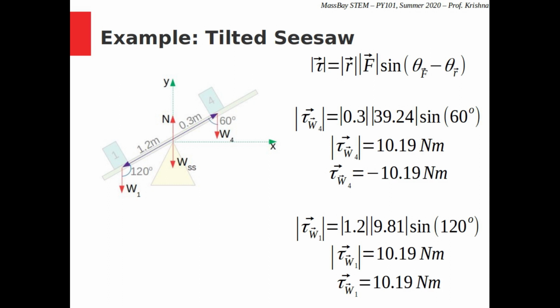That works out to negative 10.19 Newton meters because the torque is still clockwise. Meanwhile, the torque for the 1-kilogram object is now 1.2 times 9.81 times the sine of 120 degrees, which works out to positive 10.19 Newton meters. Notice that even in this tilted position, the torques cancel each other out and the total torque is still 0.